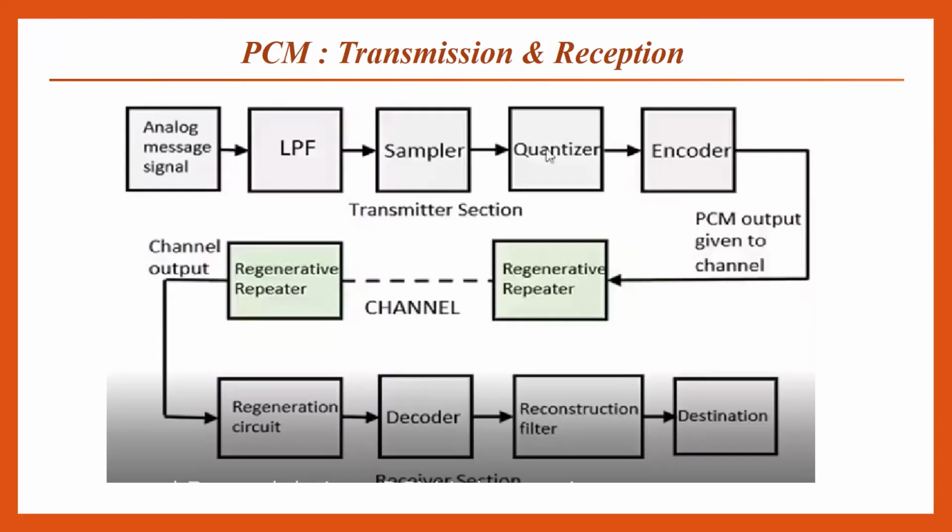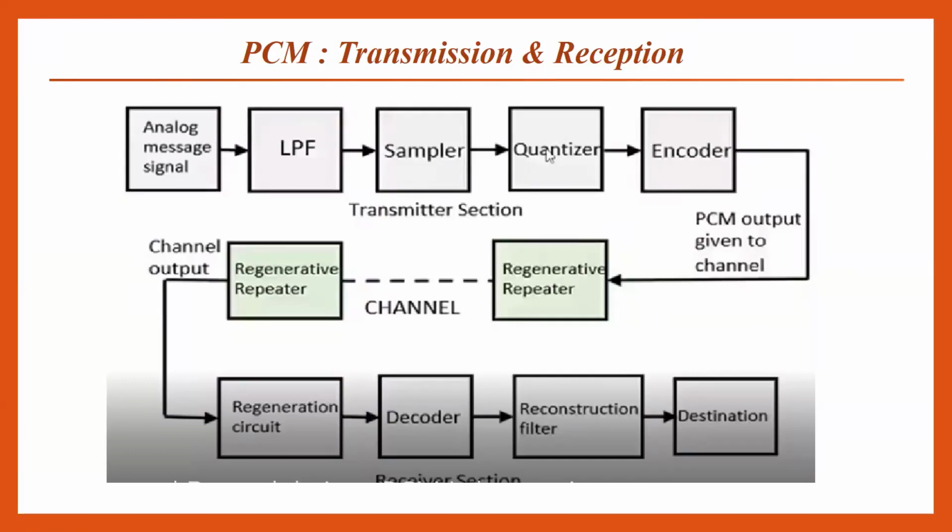Then this signal is passed through a quantizer. What does the quantizer do? We have collected the samples of our signal. Say the first sample is 0.7 volt, the second sample is 1.9 volt, the third sample is 3.3 volt.